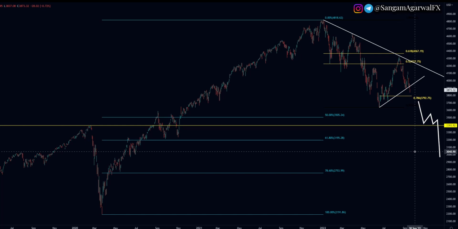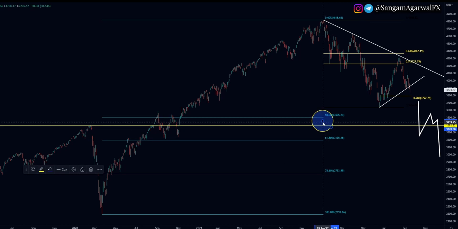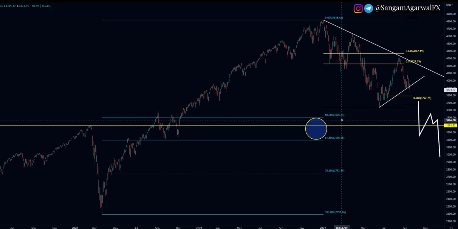And even if this level also breaks and it goes more downside, because there is no limit for human greed and fear, the next target will be the 61% retracement. But this entire area from 50 to 61% retracement is your next buy zone.